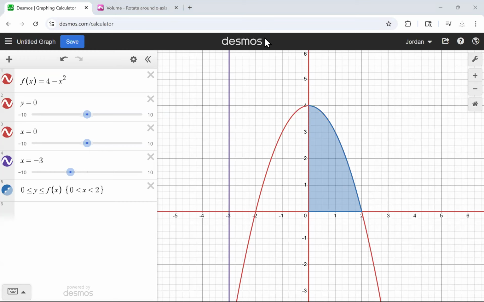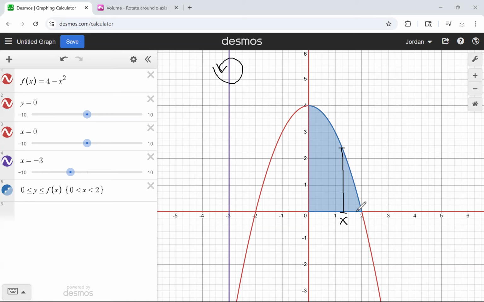So what's happening when I revolve around x equals -3 is I'd be taking these rectangles and each rectangle I revolve around x equals -3. The height of these rectangles gives me the height of the cylinder, and where these rectangles are at, they're going to be at arbitrary x values between 0 and 2.